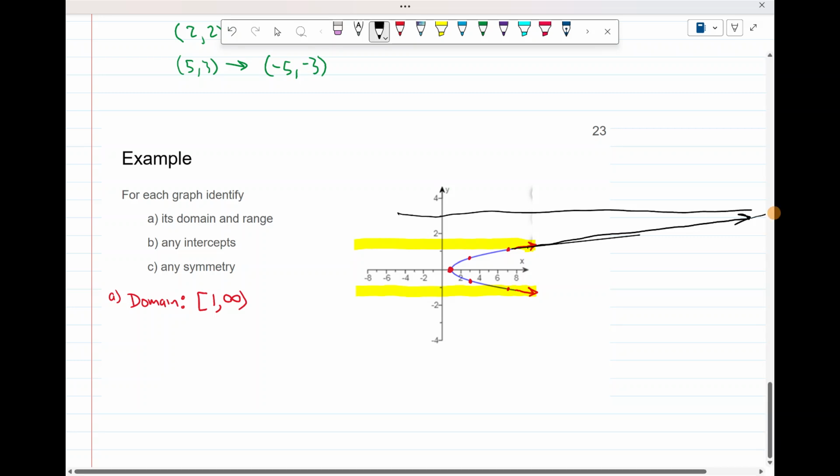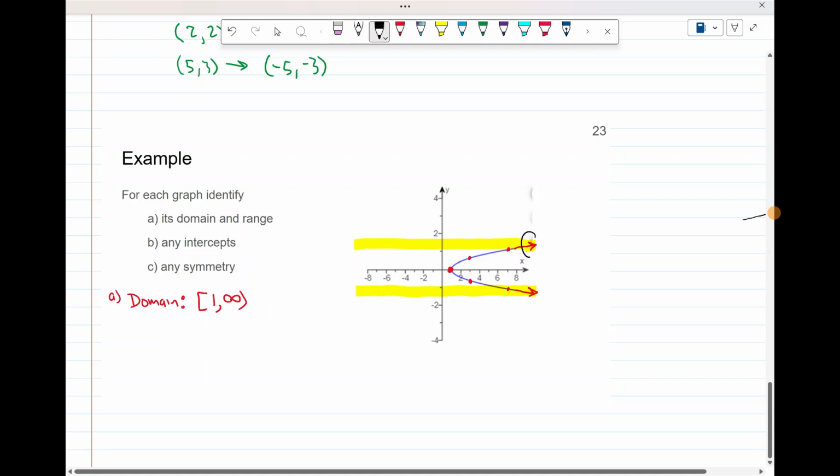If you go out to x equals 1 million, the y value might be as high as in the hundreds of thousands, or as low as in the negative hundreds of thousands.